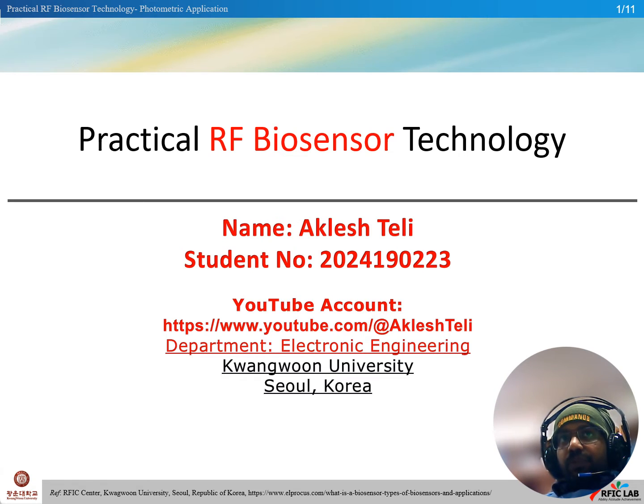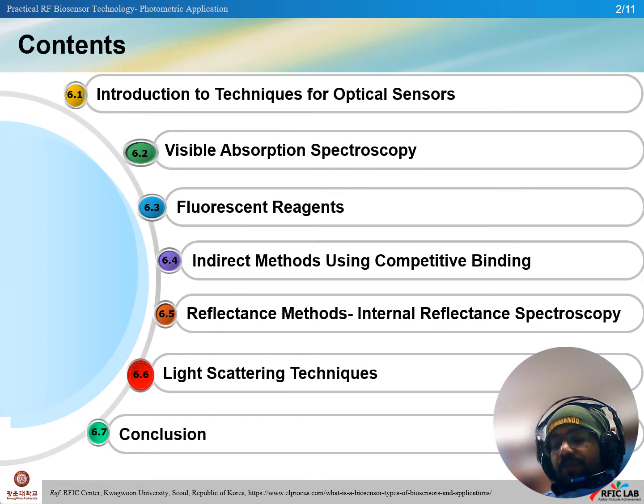Today I am going to present the book Practical RF Biosensor, chapter 6, photometric application. In our presentation we include an introduction to techniques for optical sensors, visual observation spectroscopy, and we will follow on with fluorescent reagents.